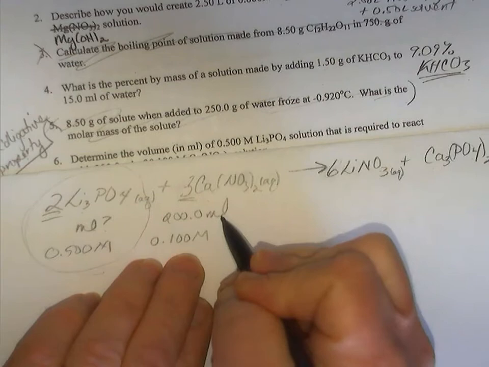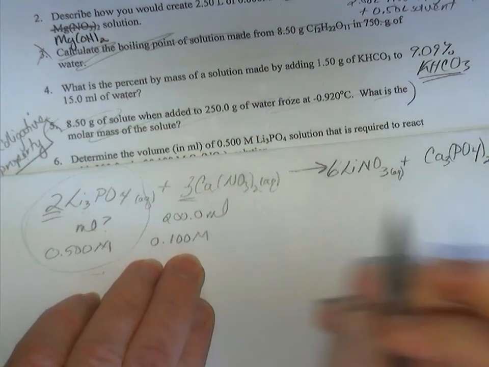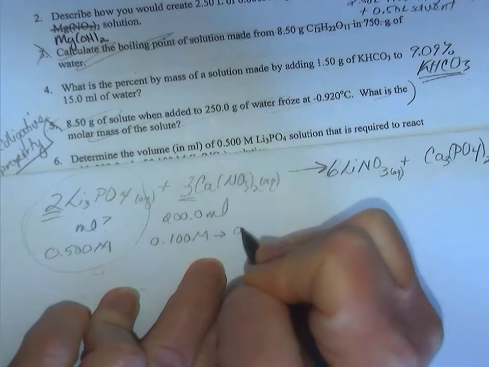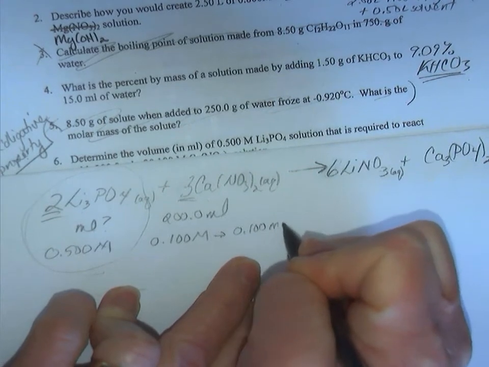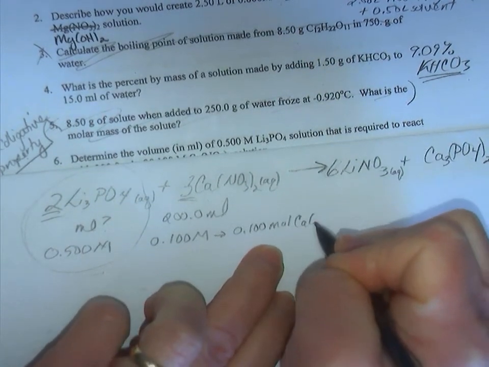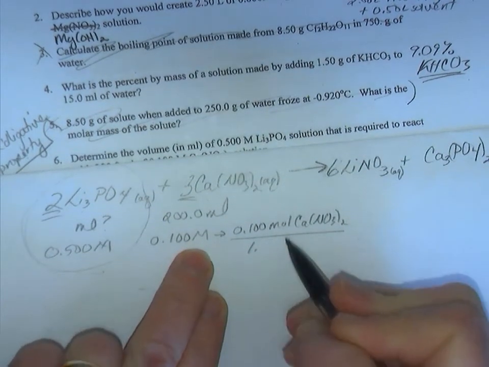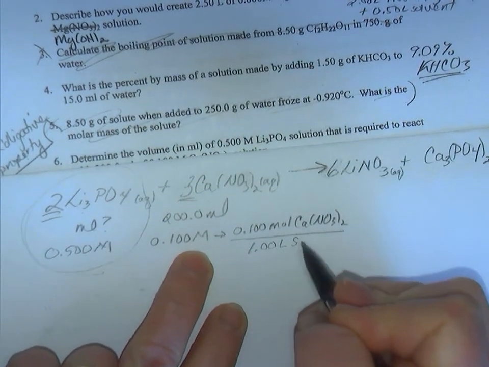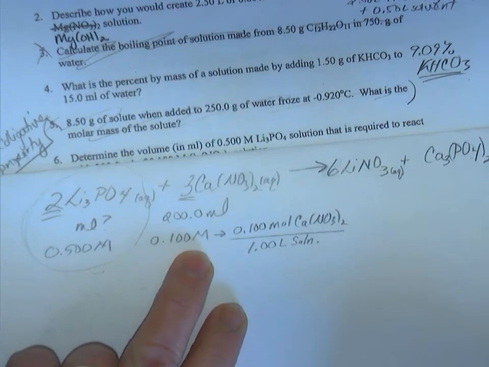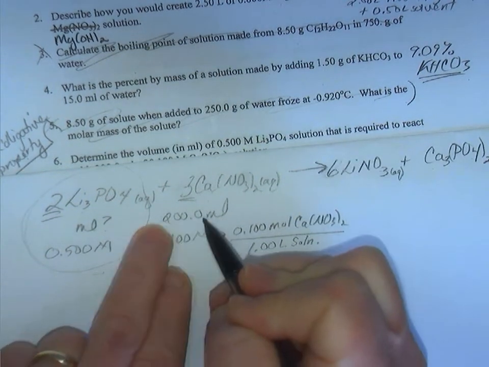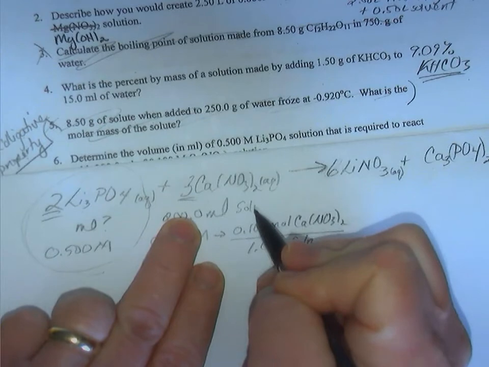I'm given volume, molarity. We know we can rewrite this as a conversion factor. So I'm going to expand that out. And molarity is moles per liter of solution. This is my volume of solution.